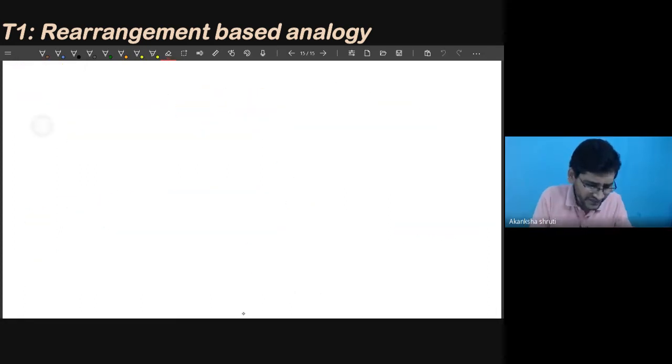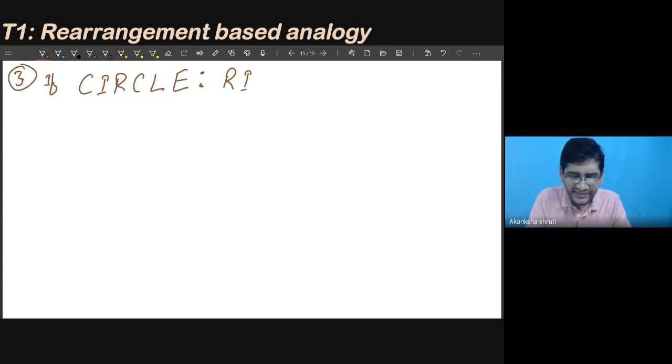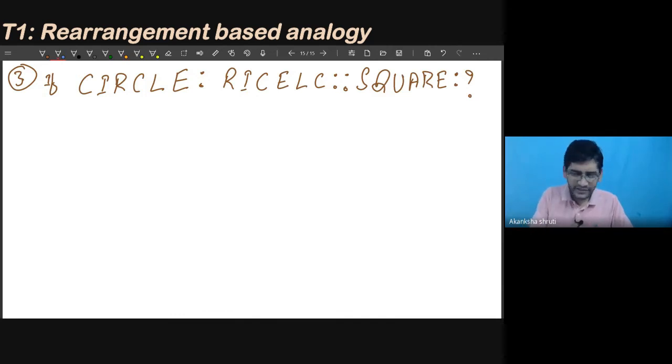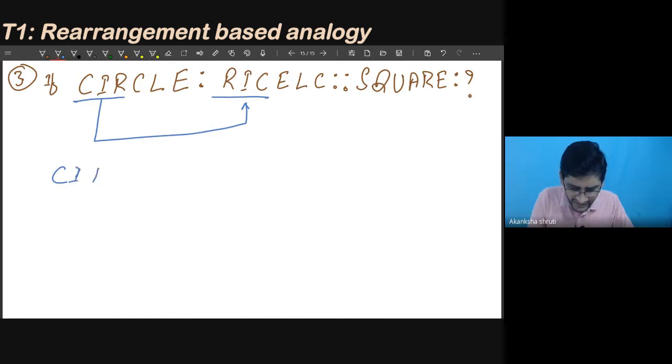So take the other question, number 3. If CIRCLE is written like this, RICELC, then how will SQUARE be written? Students, again observe, here we are observing the 2 sets; the first pair contains the same characters, but after that we need to observe how they vary. So here we are observing CIR and RIC, means these 3 get reversed.